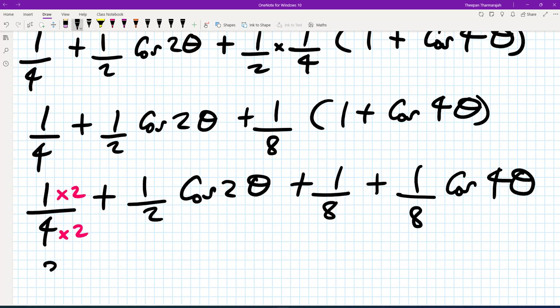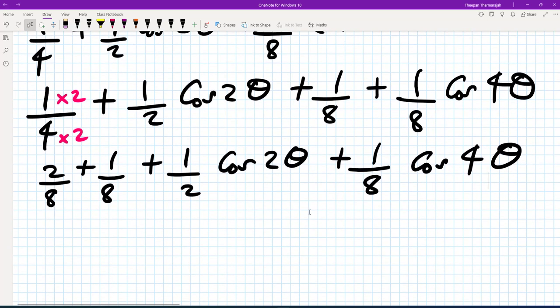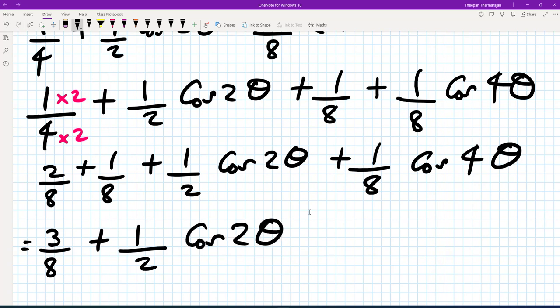So now we get 2 over 8 plus 1 over 8 plus a half cos 2 theta plus 1 over 8 cos 4 theta. And now we're going to get exactly what they're looking for, which is equal to 3 over 8 plus a half cos 2 theta plus 1 over 8 cos 4 theta.